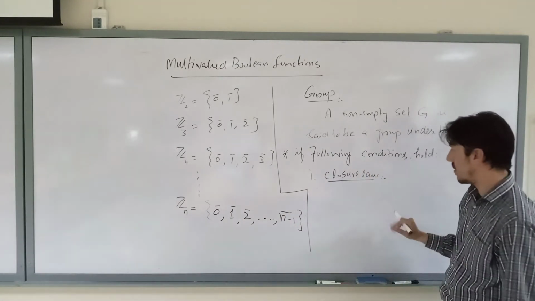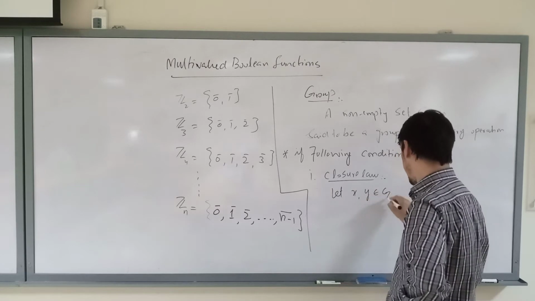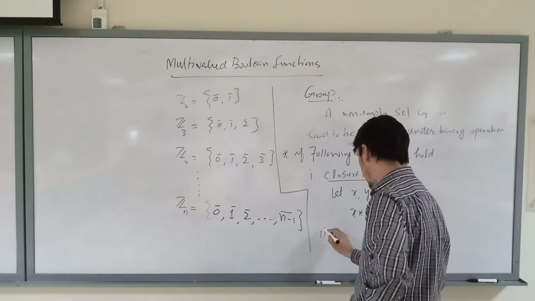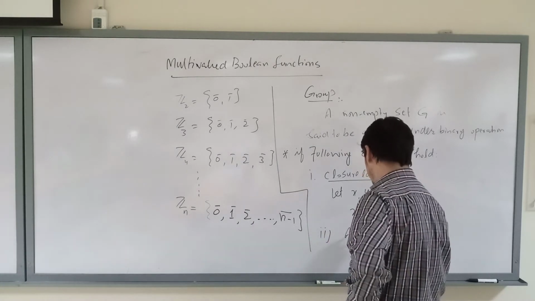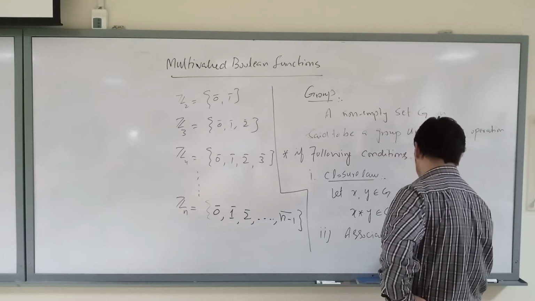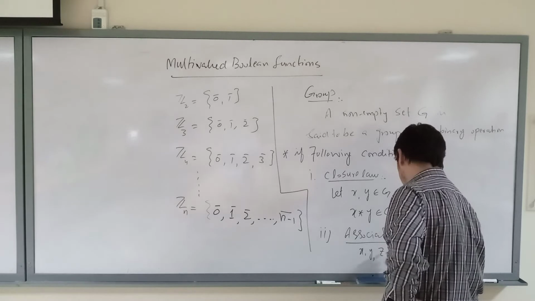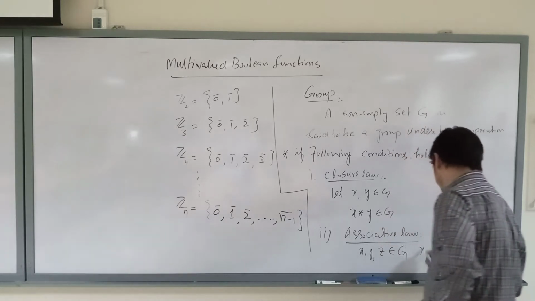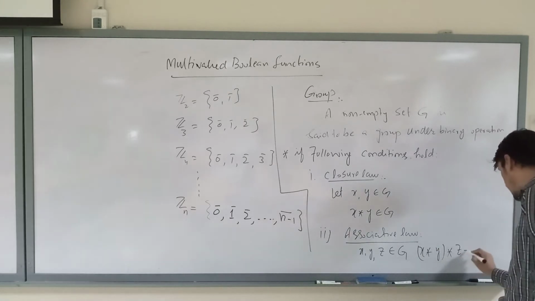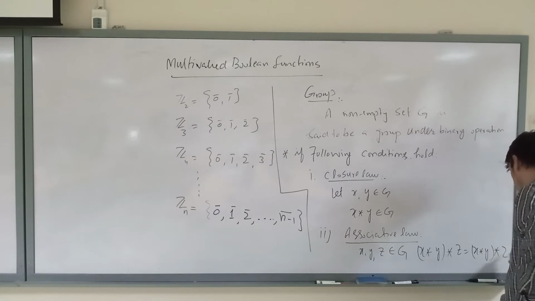If the closure law holds, let x and y belong to G, then x star y also belongs to G. Second one, associativity: if x, y, and z belong to G, then (x star y) star z equals x star (y star z).